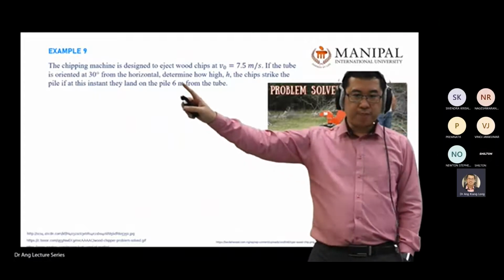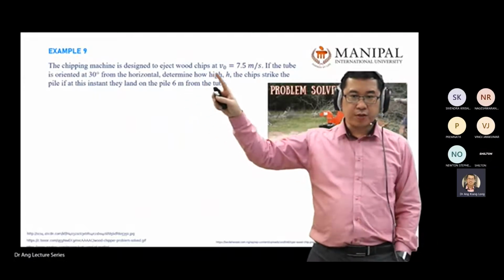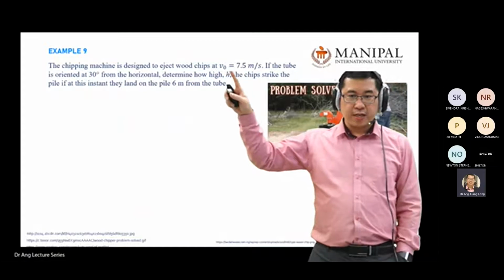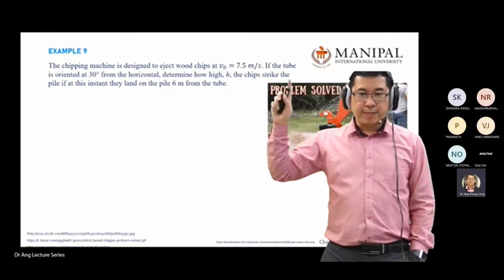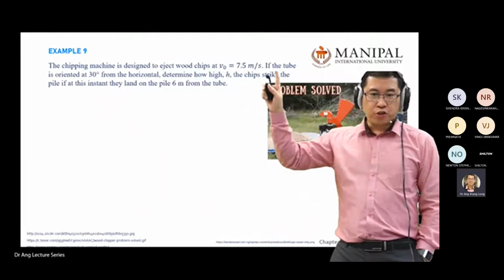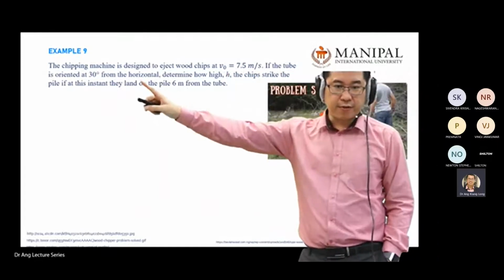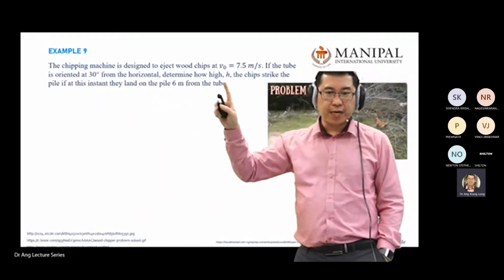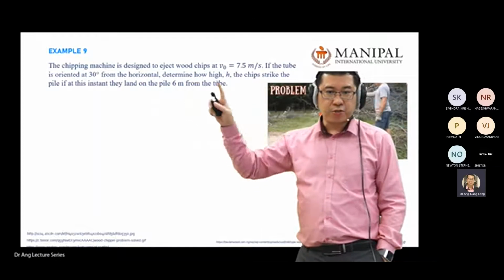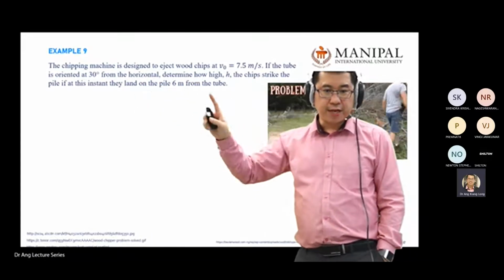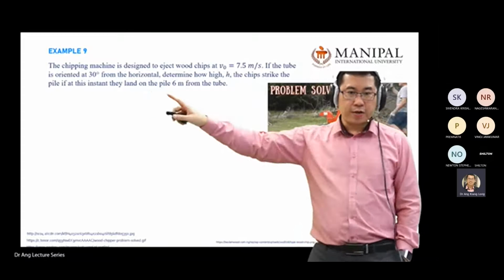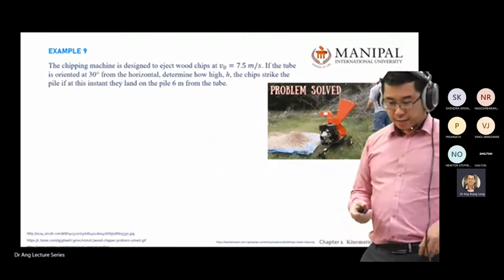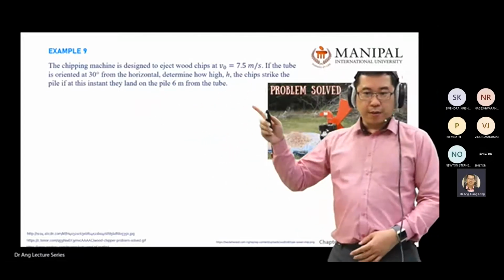So you have a chipping machine designed to eject wood chips at velocity 7.5 meter per second. If the tube is oriented at 30 degree from the horizontal, determine how high the chip strikes the pile if they land on the pile 6 meter from the tube. Okay, so let me show you one by one.